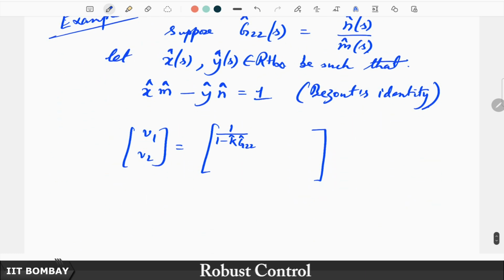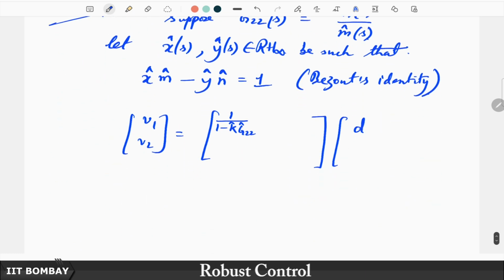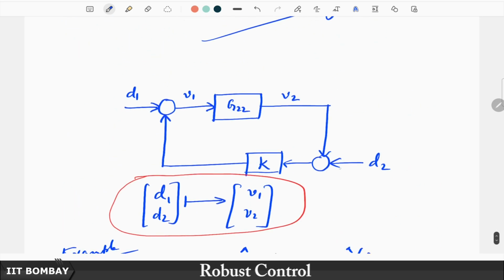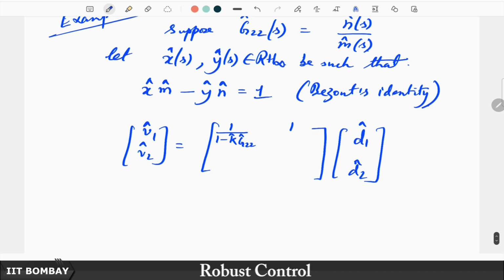Let us say you want to find out from d2 to v1, right. So, d2 is injected here and here is v1. So, in the forward path you have k. So, this is going to be k upon 1 minus k hat g22 hat.